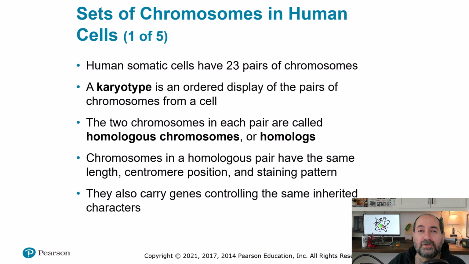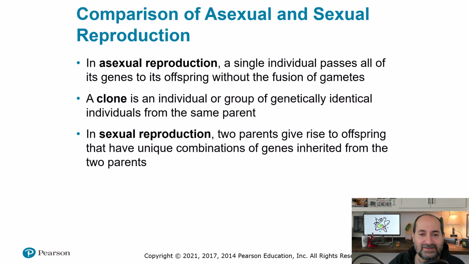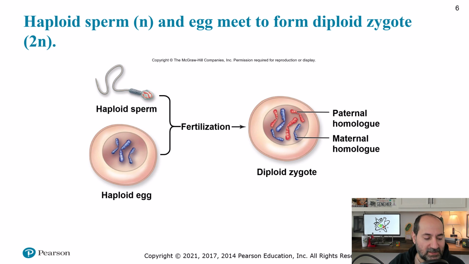Now, do you remember from chapter 12 when we were talking about the cell cycle and mitosis? I told you that humans have 46 total chromosomes, and this is because you inherit 23 from the egg and 23 from the sperm. So you essentially inherit a set of 23 from the egg and a set of 23 from the sperm.